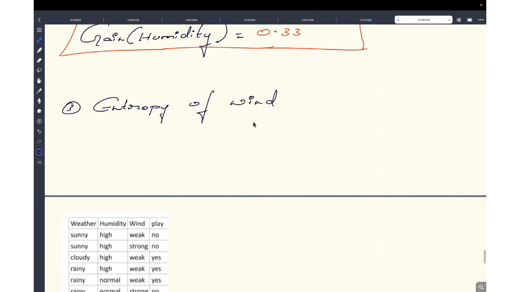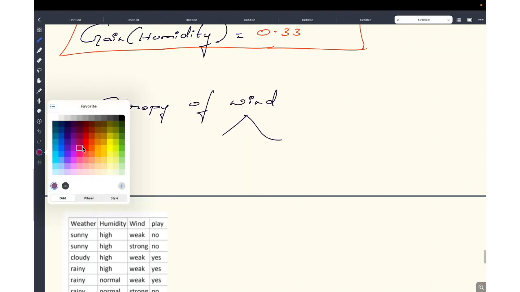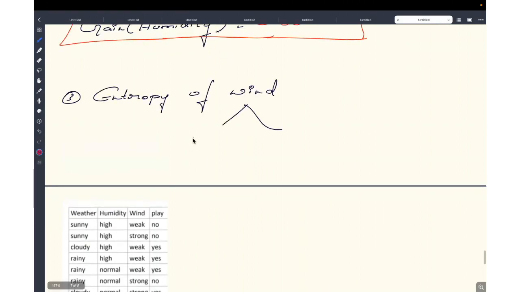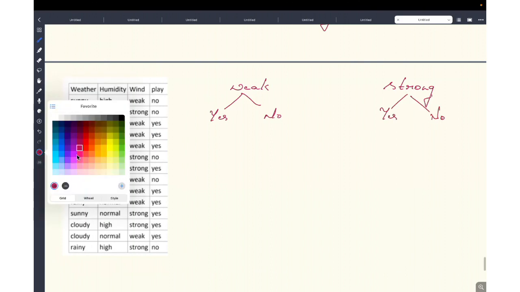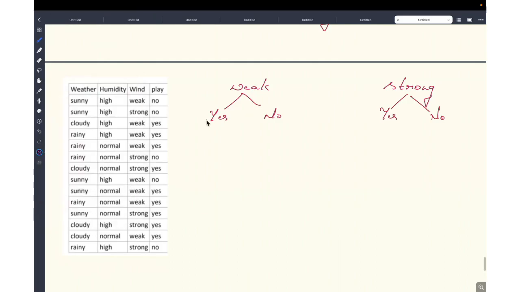Tell me how many yes and no with weak and strong? For weak, one, two, three, four, five, six.